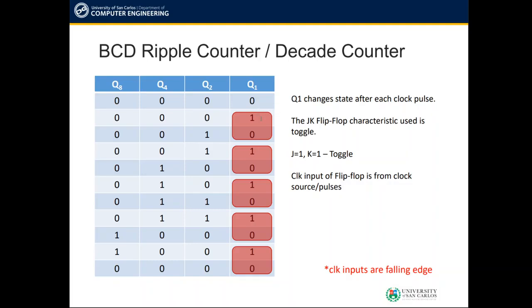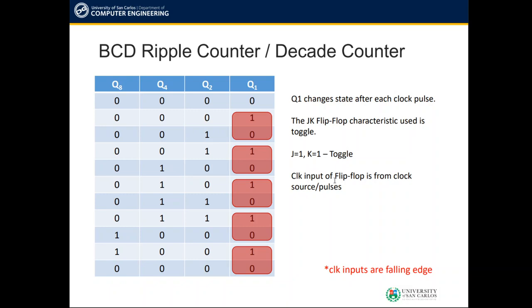So every time it goes from 1 to 0, it changes the Q. It toggles every time the clock goes high to low. So the JK flip-flop characteristic used is the toggle, which means the JK values are 1 and 1 to create a toggle characteristic.